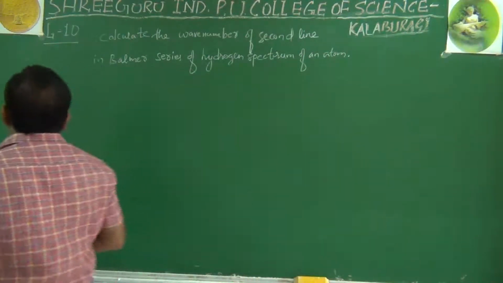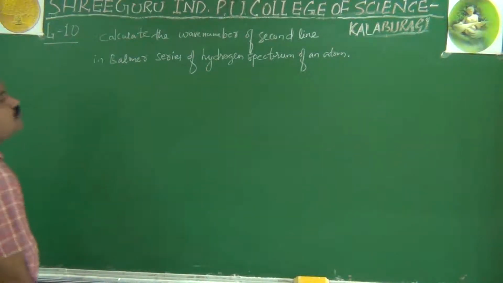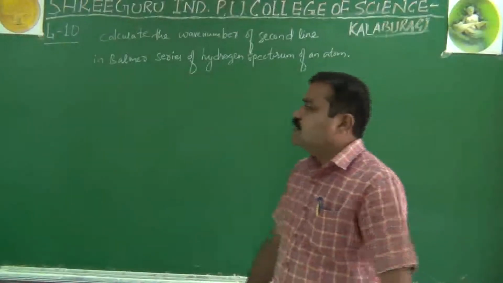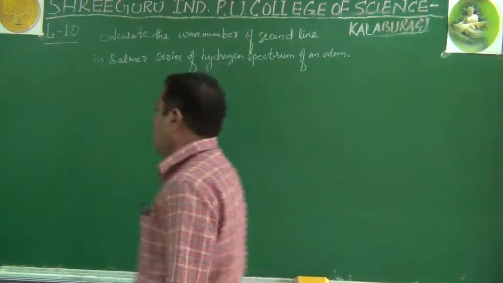See, calculate the wave number of the second line of the Balmer series in the hydrogen spectrum of an atom.